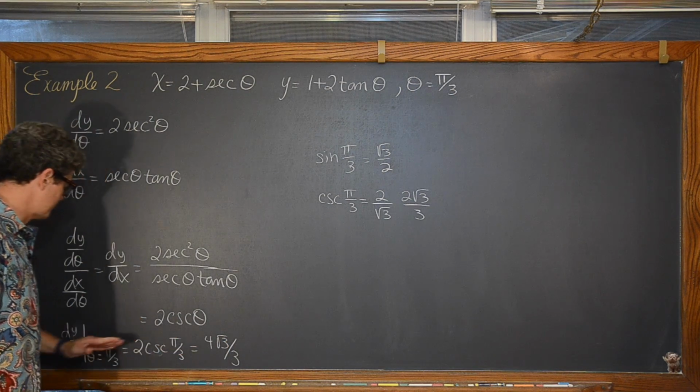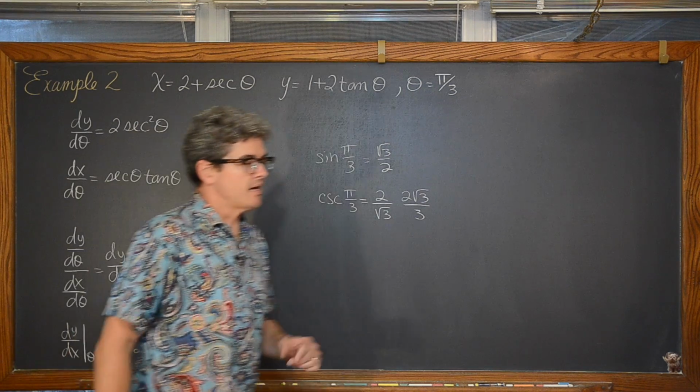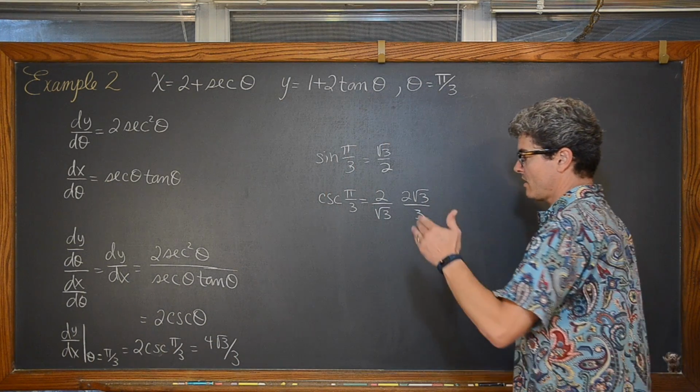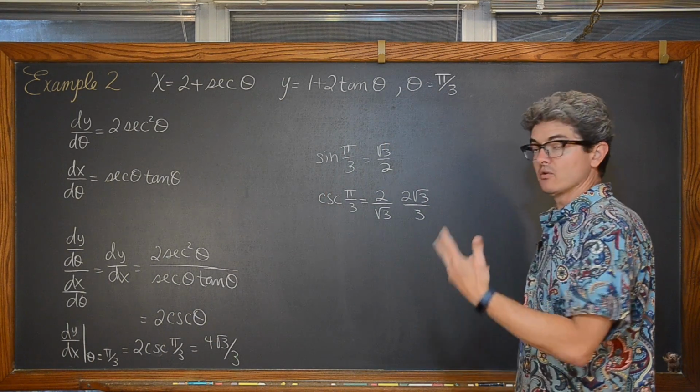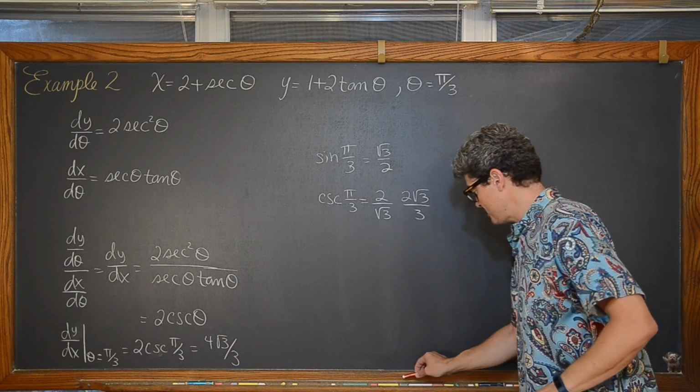So our first derivative is positive at pi over 3, so our function is increasing when theta is equal to pi over 3.